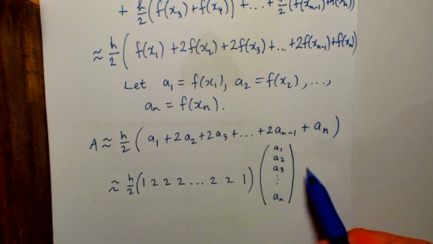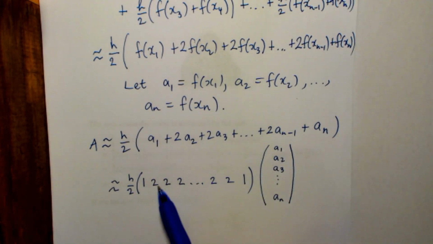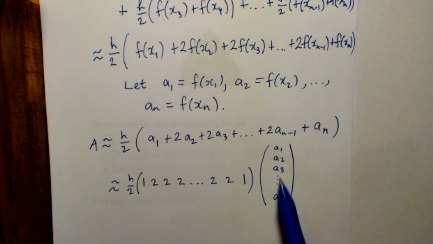Okay, now if you multiply this out, remember this goes with this, this goes with this, this goes with this, and so on, and then you add the result, so you actually have the same thing as this.